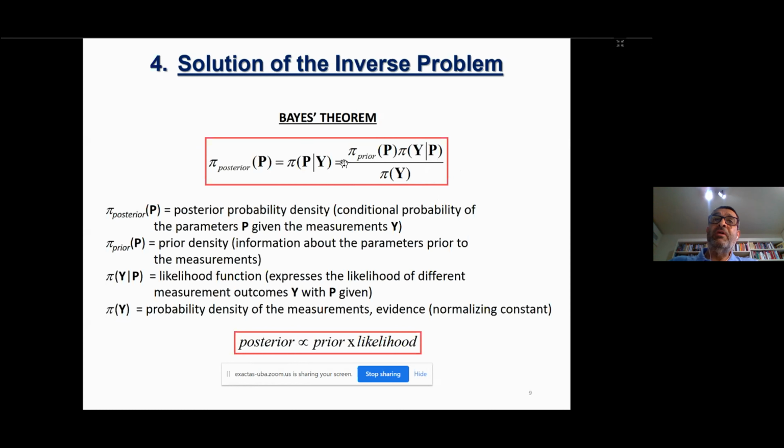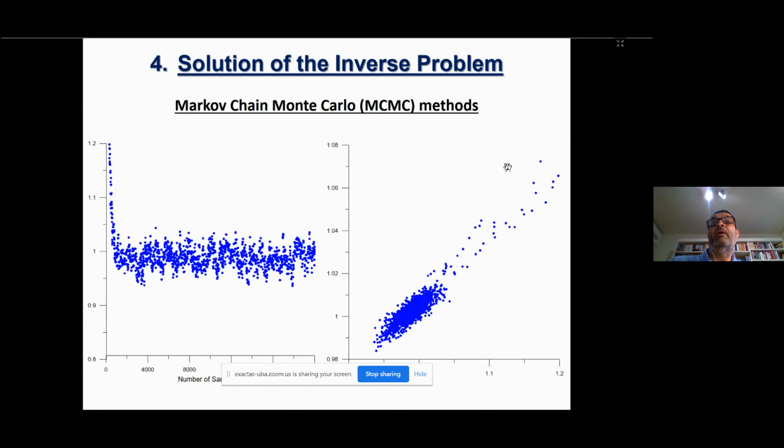The inference on the posterior distribution is actually made by stochastic simulation, by applying a Markov chain Monte Carlo method. We generate samples of the posterior distribution over this Markov chain, which is represented here, for example, for one single parameter.